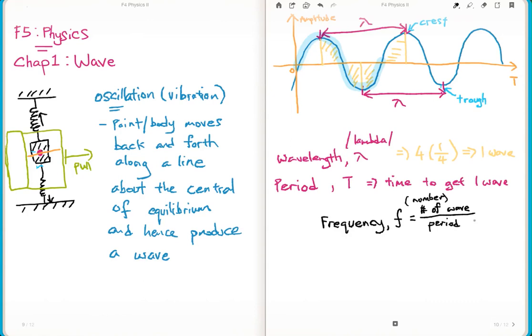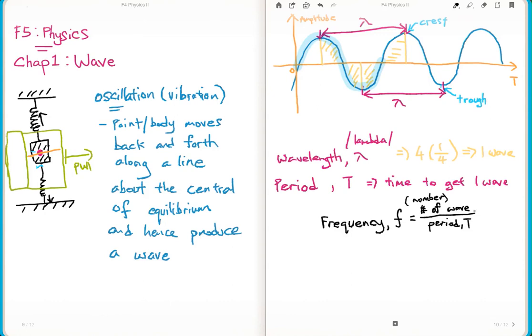Because if you memorize your previous way of learning physics, that frequency is 1 over T, then you have problems understanding or answering questions here.